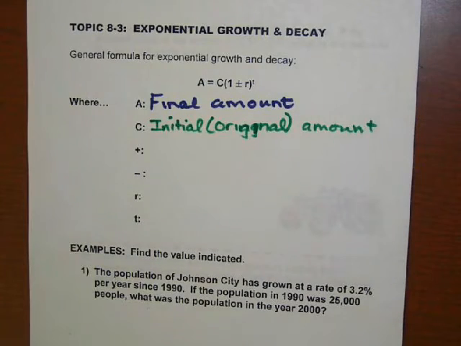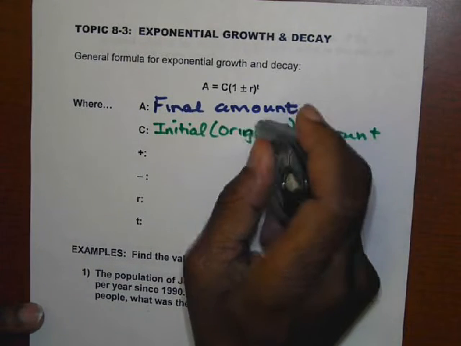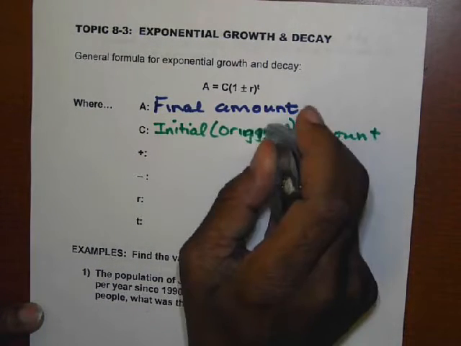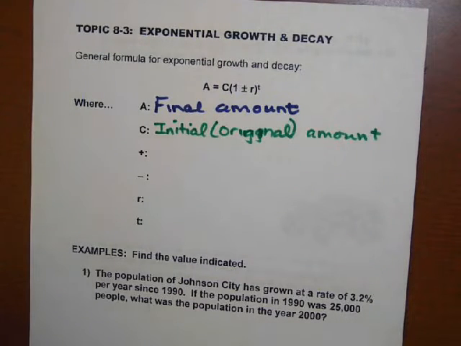Let me fix my mistake here. Okay, well, I thought I was going to fix my mistake, but that's not happening, so I just have to deal with the blotch on the paper.